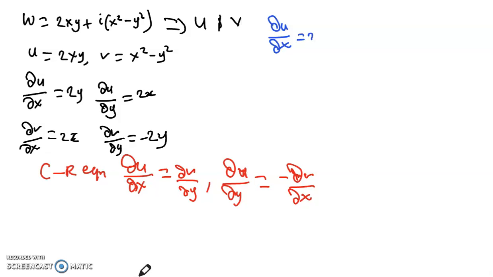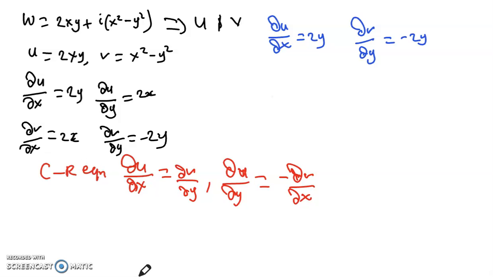We also differentiated dou v with respect to y, dou v dou y, and here we got negative 2y.